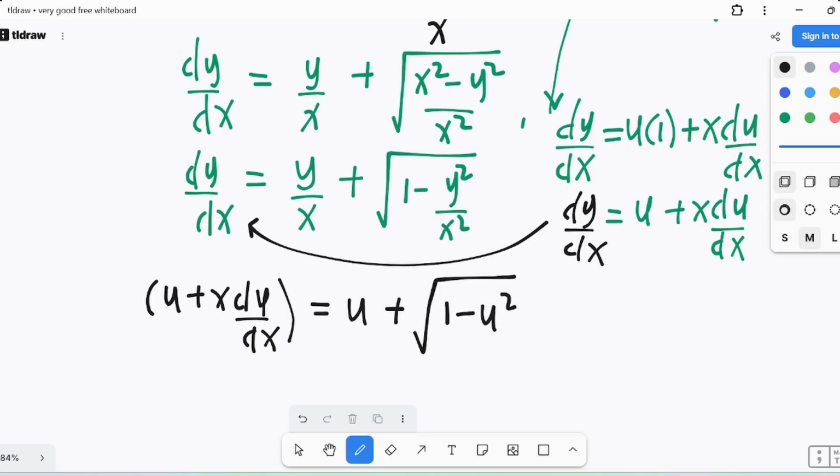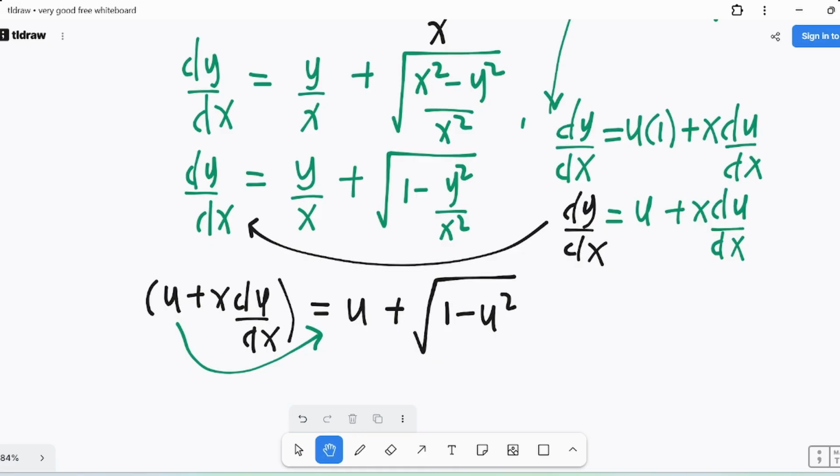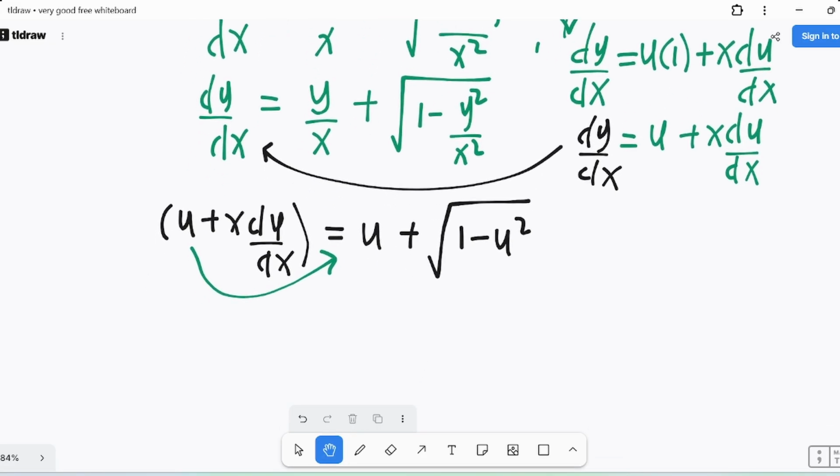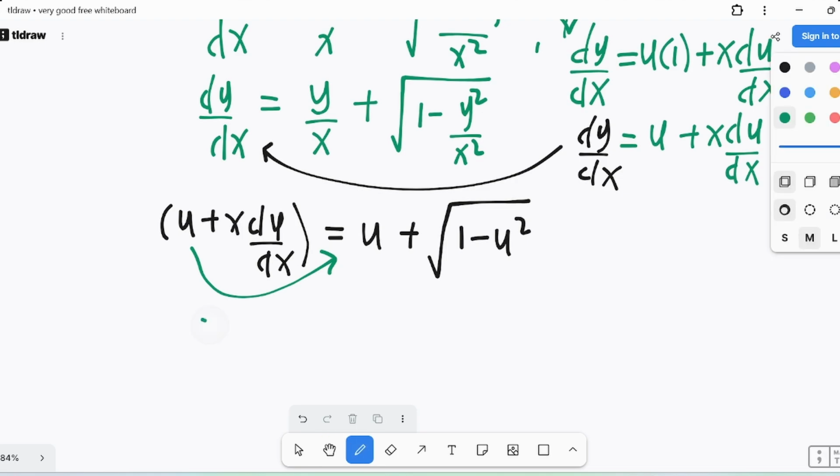So we go ahead and take this u this side. When you take u that side, we shall get 0. So we shall end up having x du dx is equal to square root of 1 minus u square. So we have that. This will cancel with that.